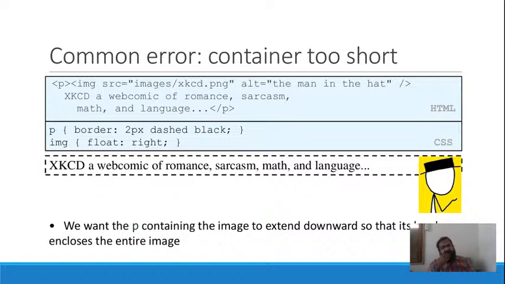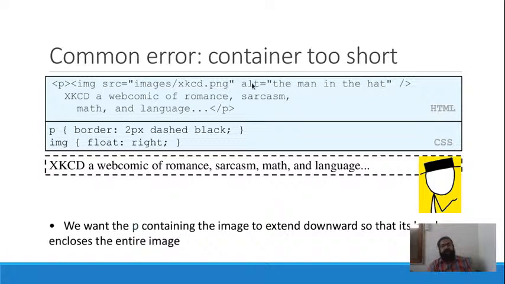So here we have an example with HTML and CSS. The CSS says that we have a p tag with border 2 pixel dashed and black and image floating towards the right. And over here you can see there is particular content in the HTML with an images/xkcd.png.